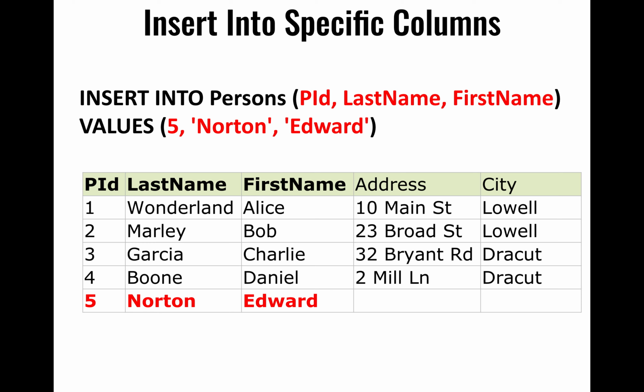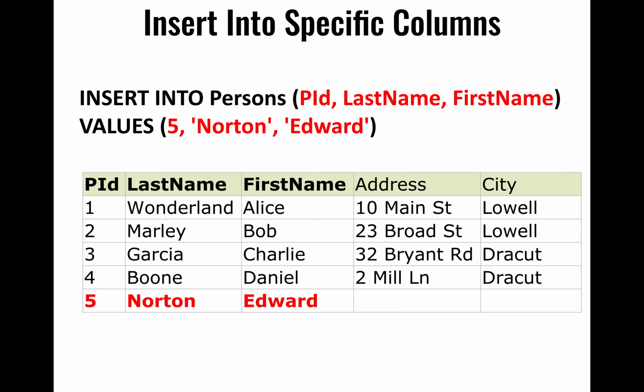For inserting for specific columns, we could just decide that we only want to provide data for the first 3 fields and leave all the other ones blank. And that would only work if address and city allowed you to have null. If instead they were declared as not null, then this would not work.